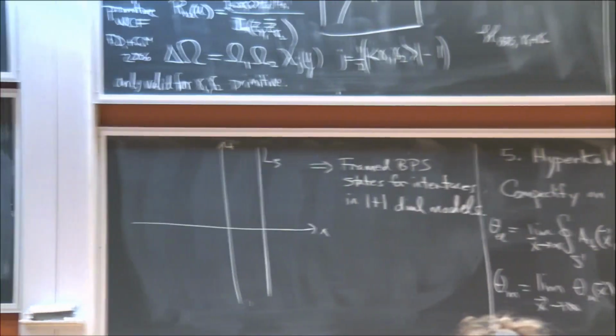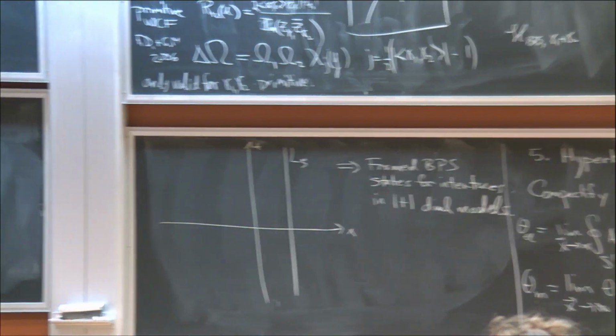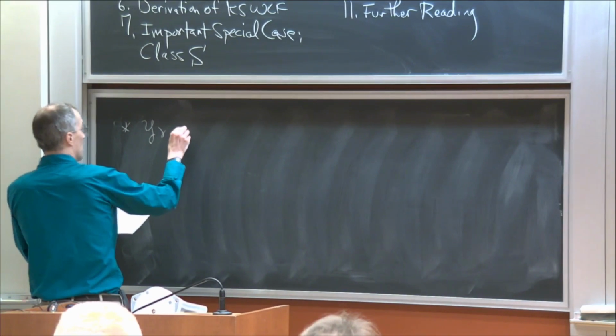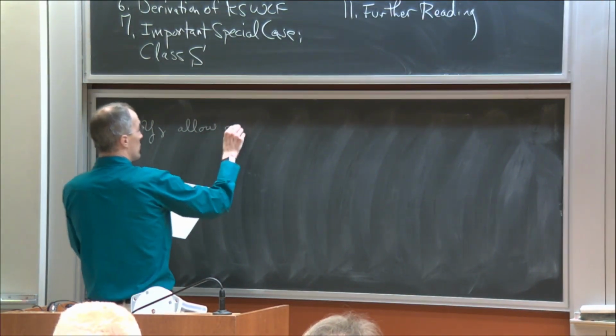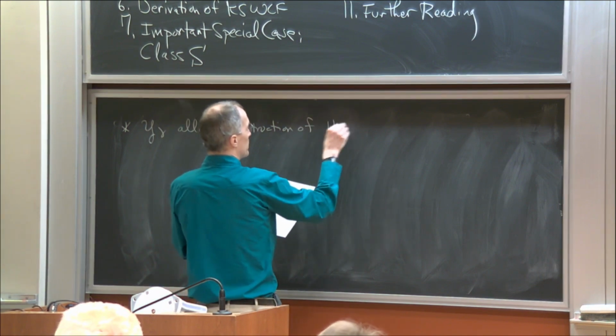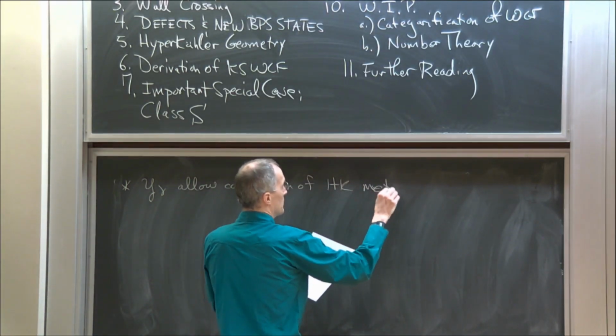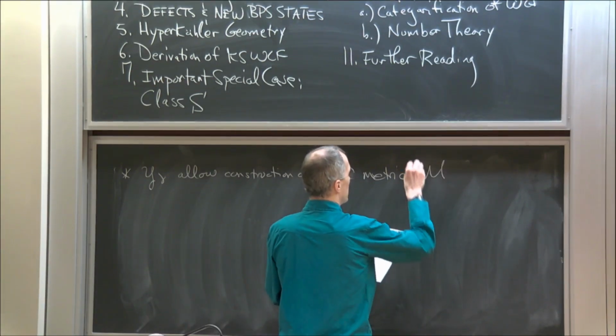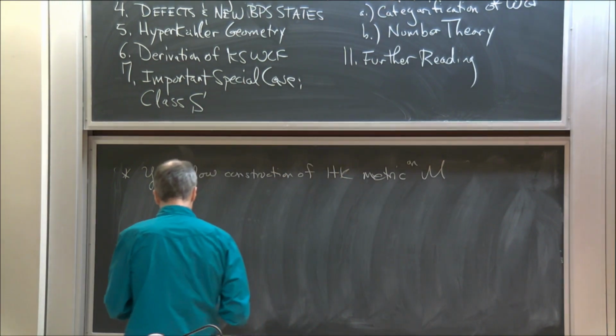The first remark is that the y gamma allow the construction of the Seiberg-Witten hyperkahler metric on M. And why is that?